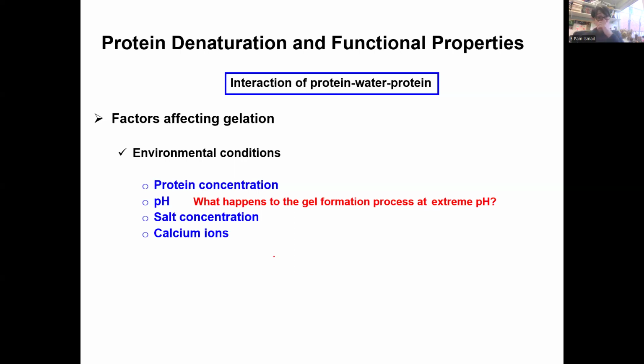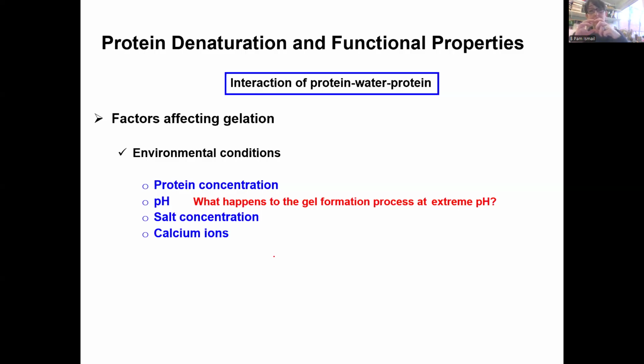Calcium ions are divalent ions. Because they are divalent, they can form bridges. So often when we're forming tofu, for example, calcium is added to enhance protein-protein interaction. At neutral pH or above the isoelectric point, the protein carries negative charge, so there are a lot of negative charges.